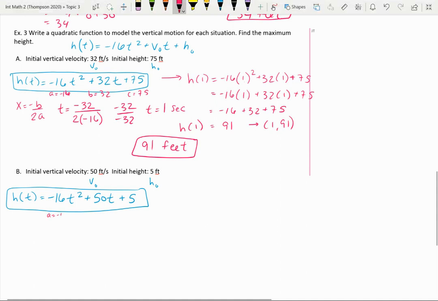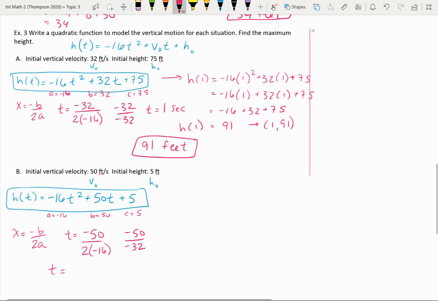Now, I'm going to identify my a, b, and c and plug them in to find my axis of symmetry, which gives me the independent coordinate of my vertex. Negative 50 divided by 2 times a. So I have negative 50 divided by negative 32.